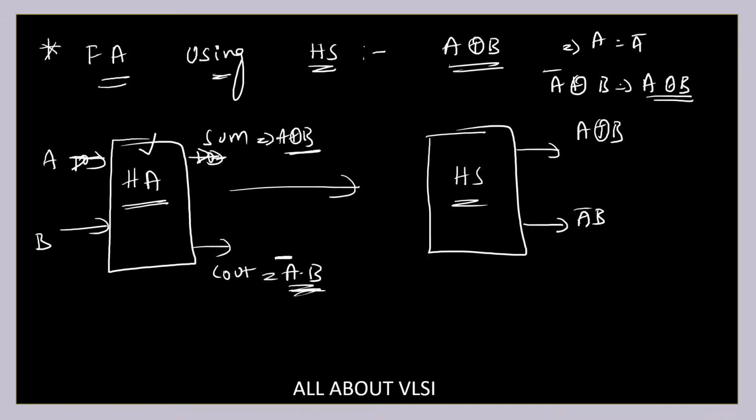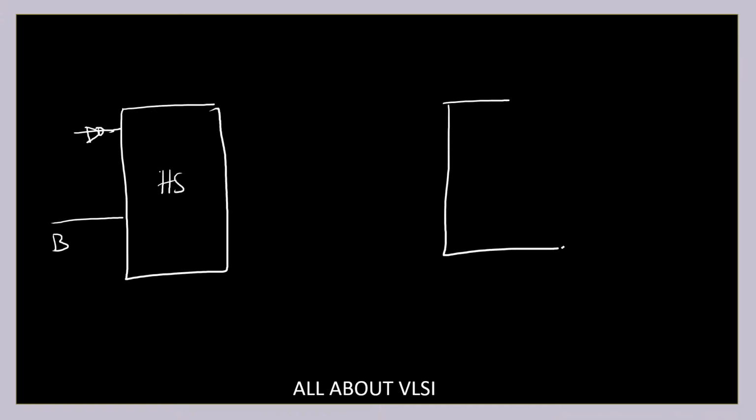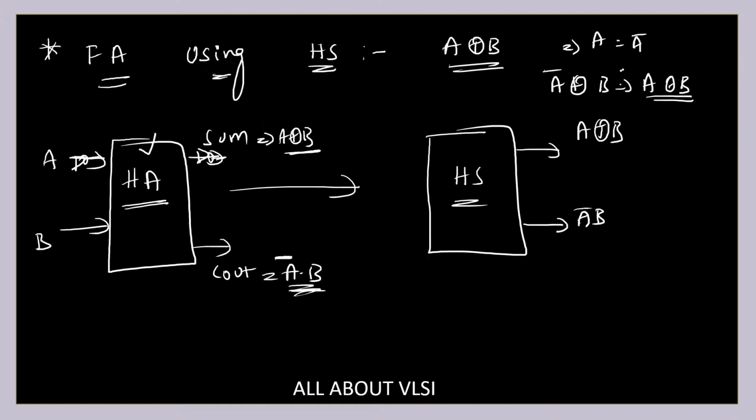Now, how to implement this? I'm going to have a half adder implemented using a half subtractor. So this is how I'm going to have. This is my half subtractor, and this is my B, and this is one more half subtractor. This is one more NOT gate, one more NOT gate. Sorry, here this is my half subtractor.